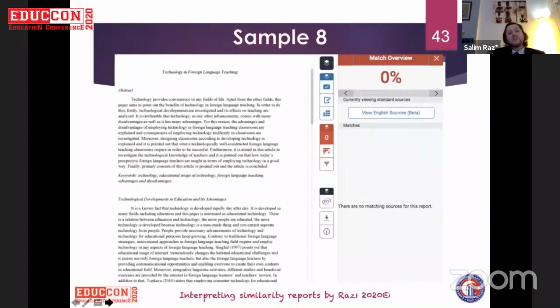And this time we have 0% similarity. Is this problematic? Sometimes yes. If we check what we said previously, if this is an academic paper, the student must be referring to the other sources. What does it mean? There must be matches with the other sources coming from in-text citations, reference entries, technical terminologies.